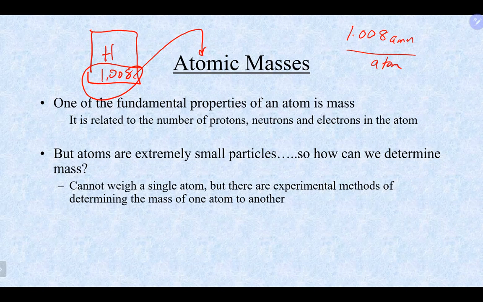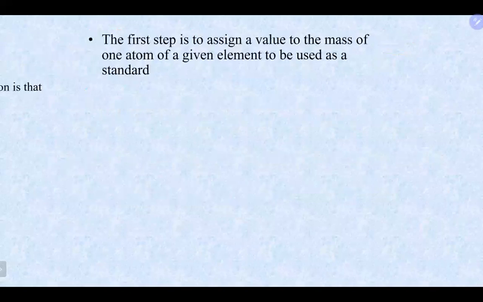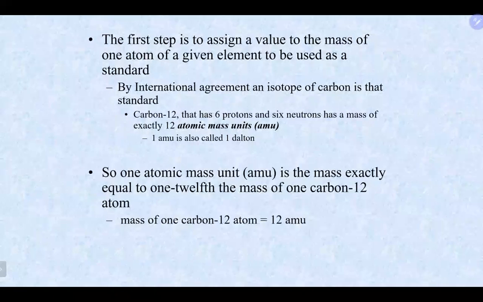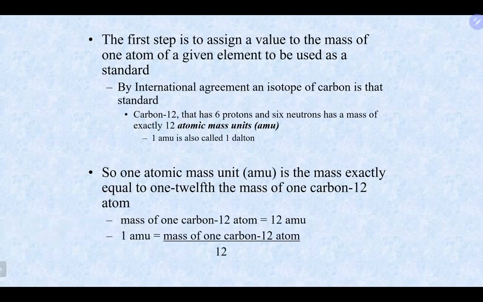Now, obviously, the atom's mass is related to the protons, electrons, and neutrons in an atom, but it's really small, so you can't take one and put it on a balance to weigh it. In chemistry, where there is no way to measure something directly, a lot of times they pick some type of standard to compare everybody to. For atomic mass, it was an isotope of carbon.